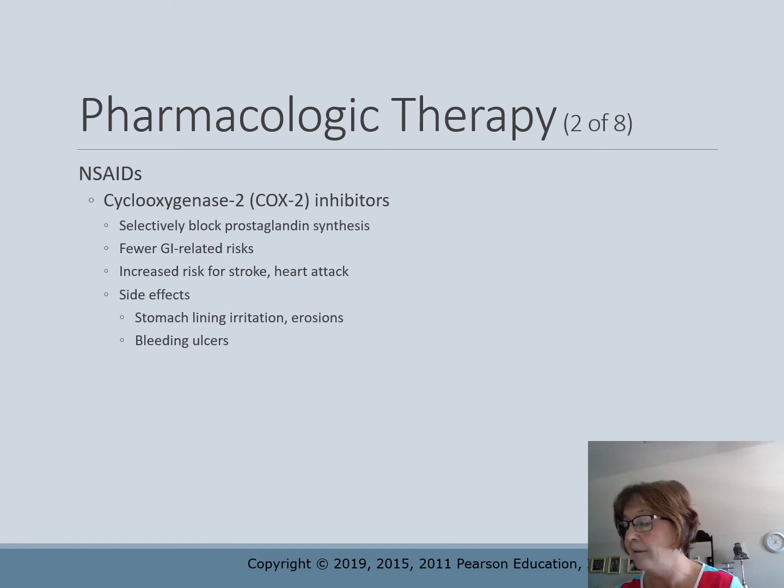You also have what's called the, well, before I get to the COX-2, let me say this about NSAIDs. Be careful with the GI. Aspirin is also linked to GI issues.